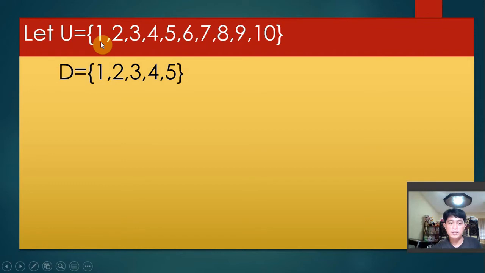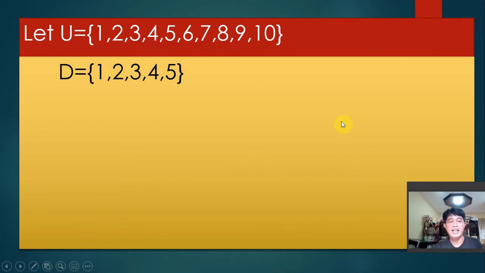So these numbers on the universal set, 1, 2, 3, 4, 5, were in set D. And what are the numbers which are not found in D? From the universal set, look at the numbers which were not found in set D. These numbers are 6, 7, 8, 9, 10.